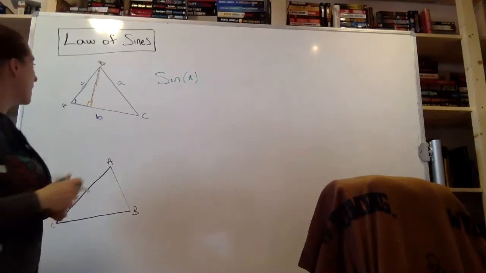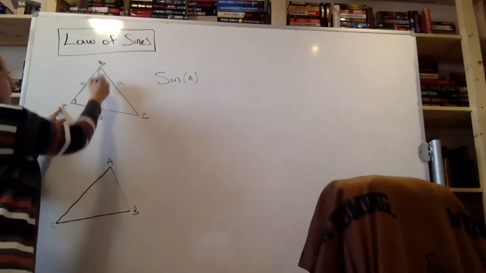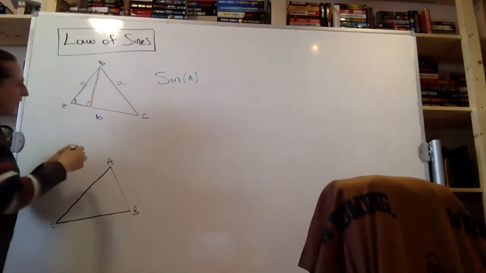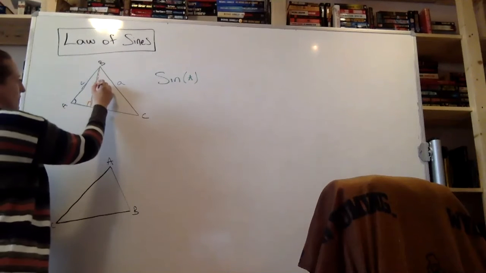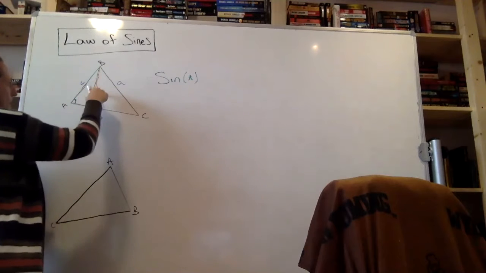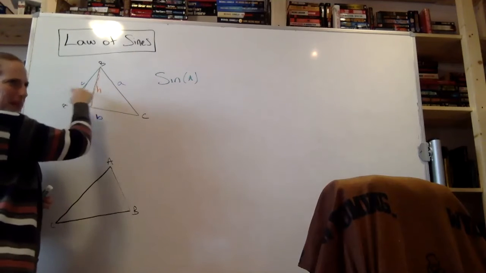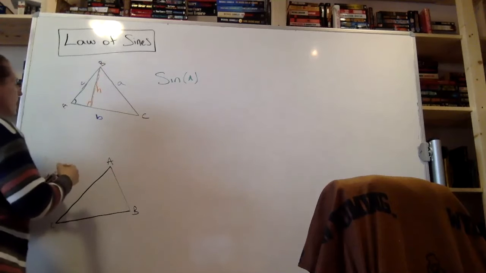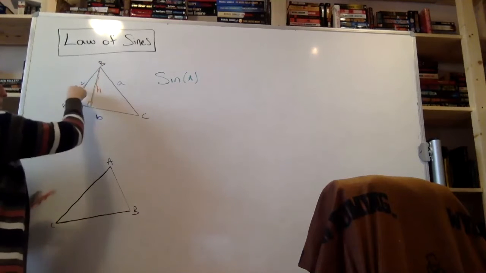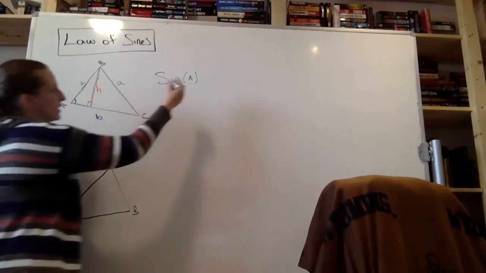Opposite over hypotenuse. So here's angle A. Our opposite is going to be this side. Maybe I should give that a label. I'm going to call it uncreatively H because it's a height. So opposite, or H, over hypotenuse. Here's the hypotenuse. So sine of A, opposite over hypotenuse, is H over C.